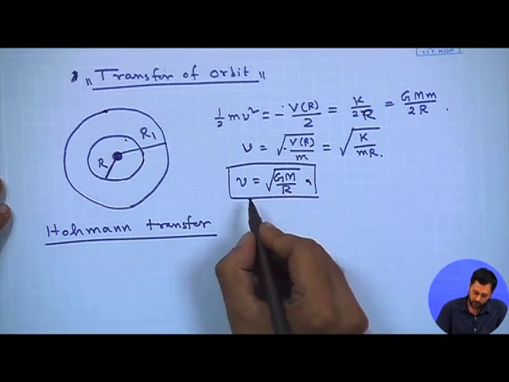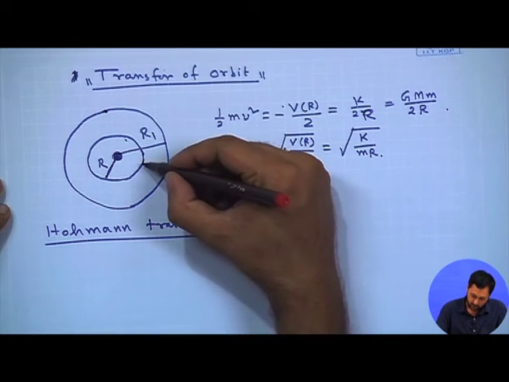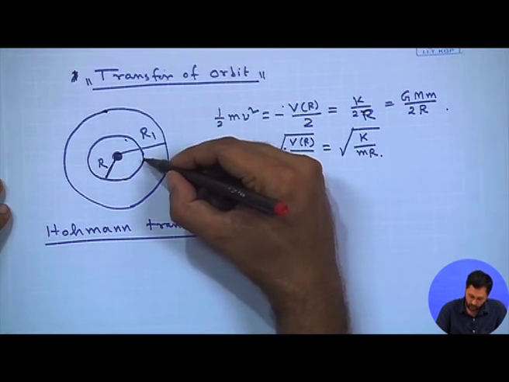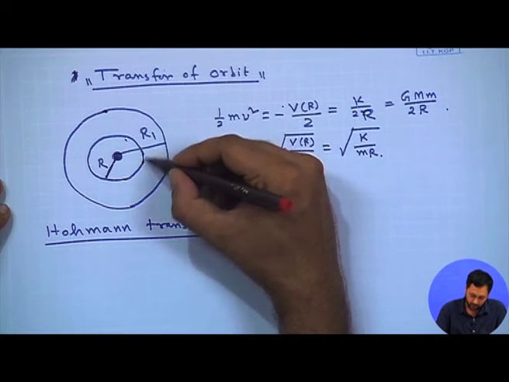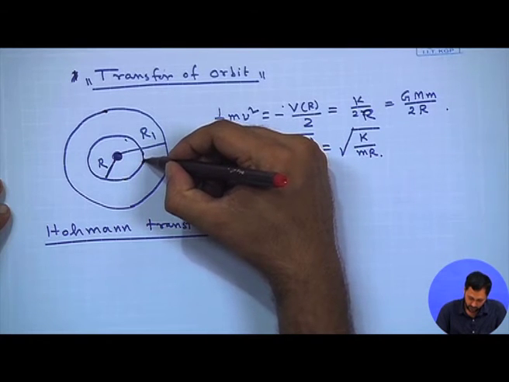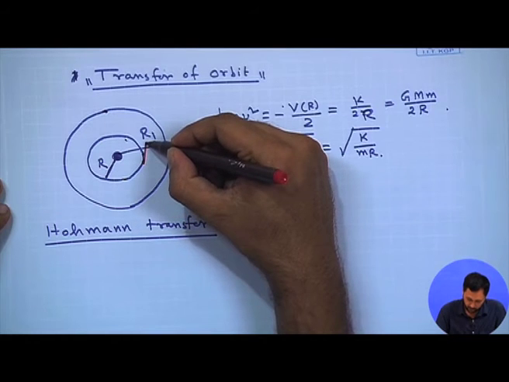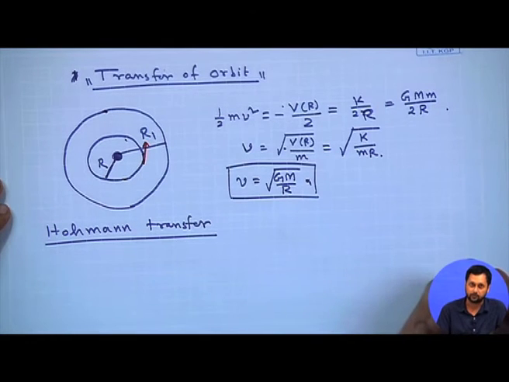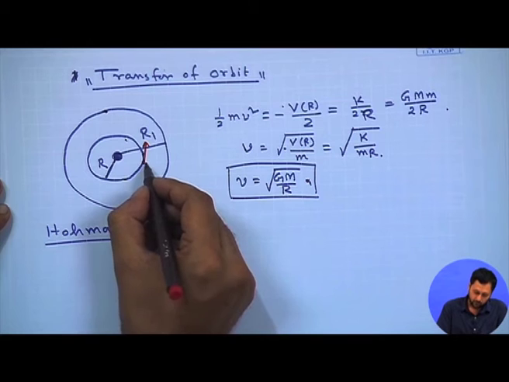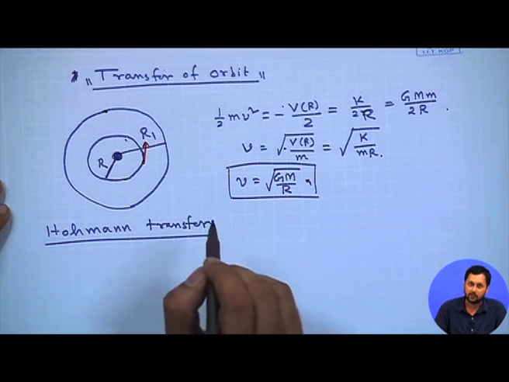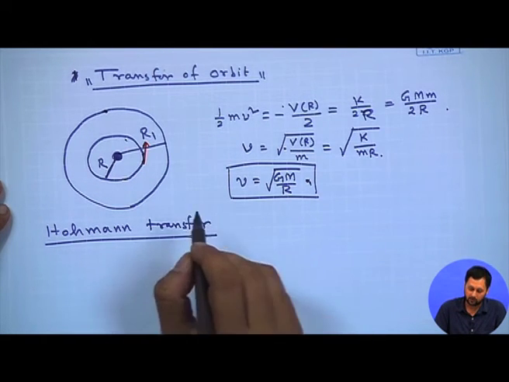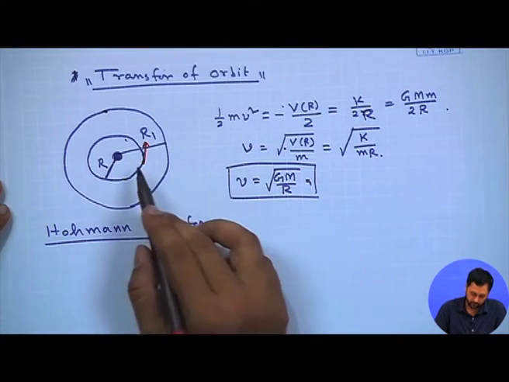Now, for a circular orbit, at any point on the orbit, if you fire a rocket, the additional velocity will work perpendicular to that particular direction. Okay. Now, firing a rocket means you are putting additional energy into this system.